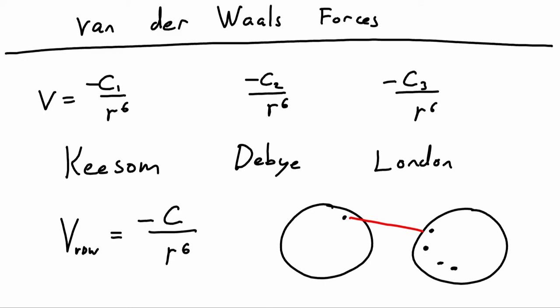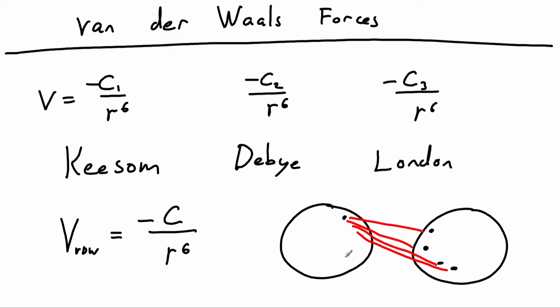So what we'd have to do is add up each interaction with that atom, with all the atoms in the other material. And we'd have to do that over all the atoms here. So it's really a double integral. Here, integrating over these, and then doing it for each atom on here. And then, of course, we divide by 2 because we just double counted. And if we do that, we come up with something called the Hamaker attraction.